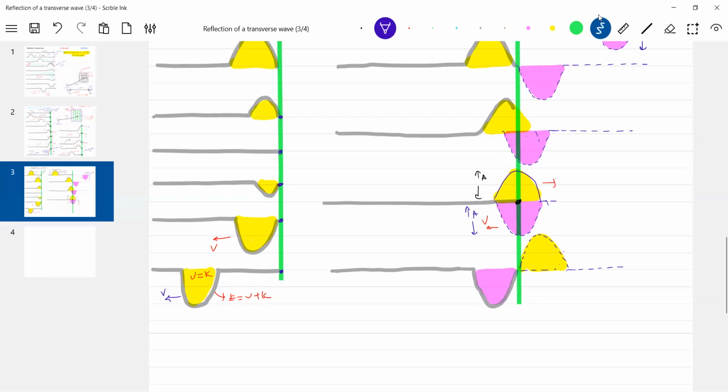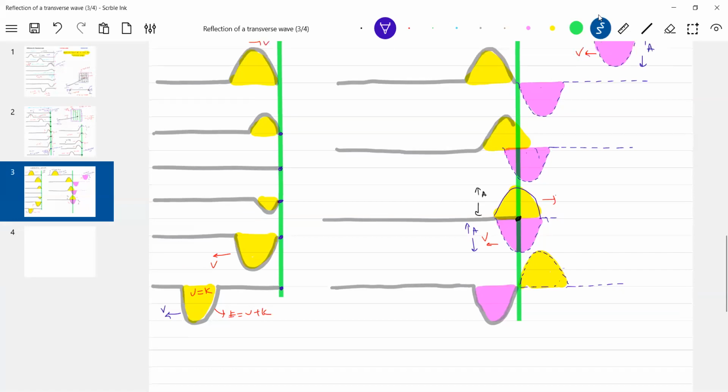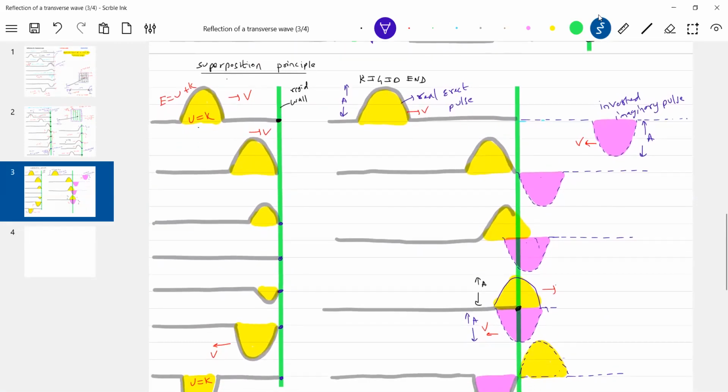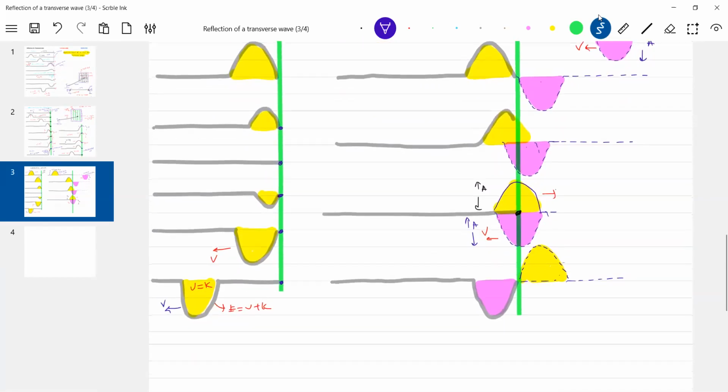And finally, after some time, I don't have space. After some time, this pulse will be here. Okay, we can draw one more diagram.